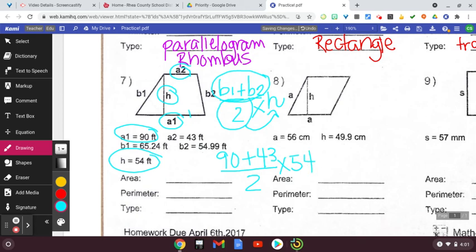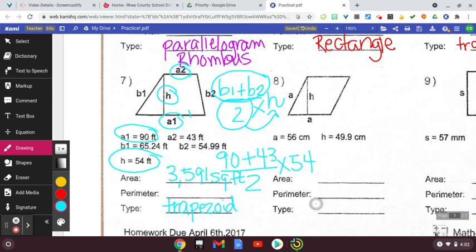And our value is going to be 3,591 square feet. Now, before I forget, I also want to make sure I'm labeling this. Okay. So number 8, pretty easy.